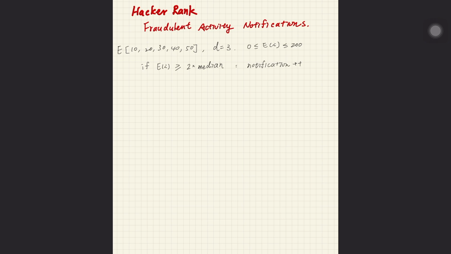And when the numbers in the array have a fixed range, you can always think about bucket sort or counting sort, which has linear time complexity, better than n log n. We can try to use a counting sort here.